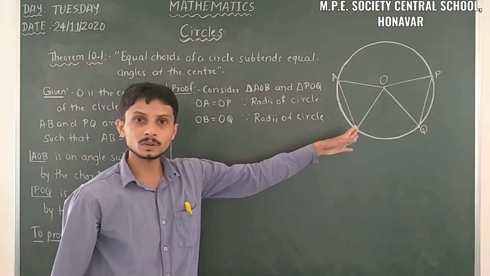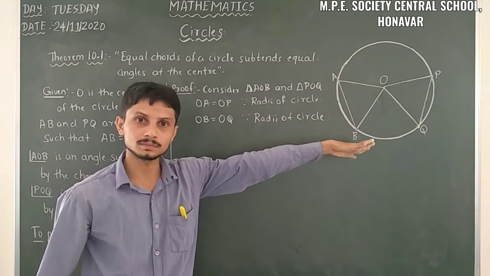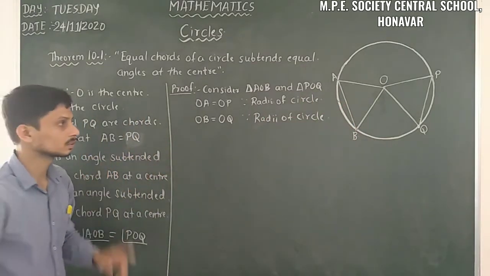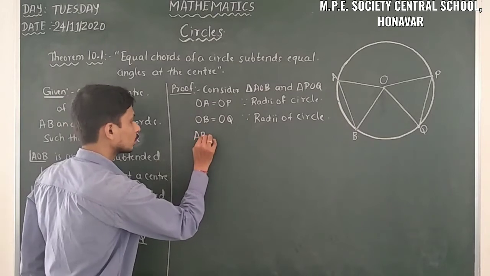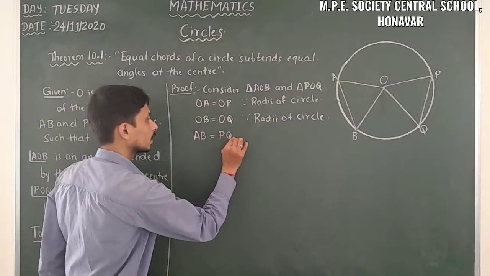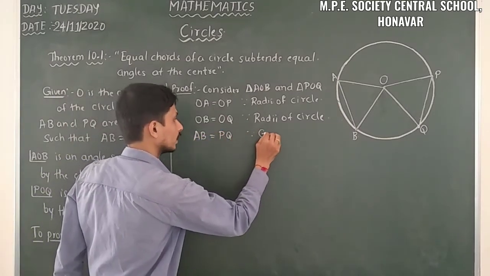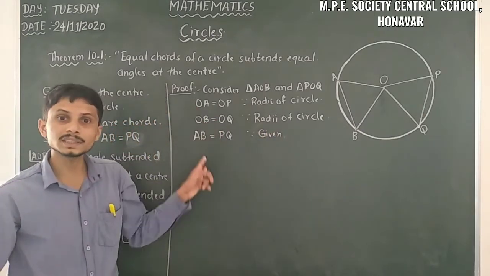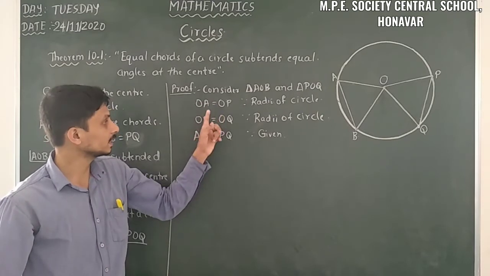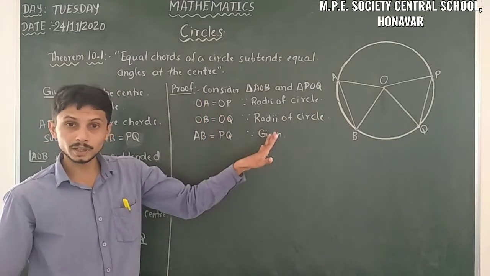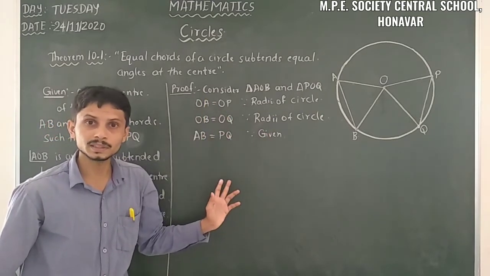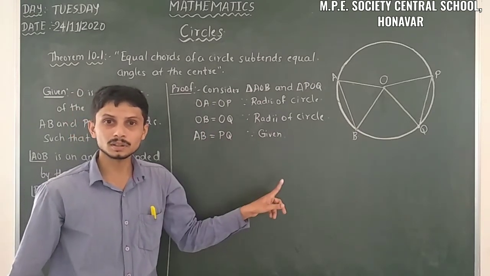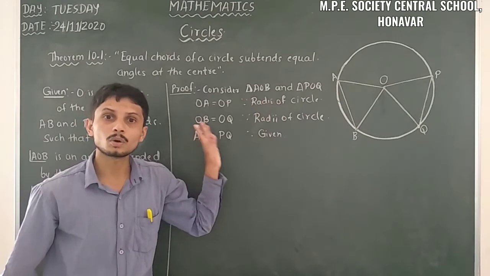Already we know that they are equal chords, that means AB is equal to PQ, because it is given. So here we have three sides equal, that is side, side, side. In two triangles, if the three corresponding sides are equal, then from the SSS congruence rule, those two triangles are congruent.